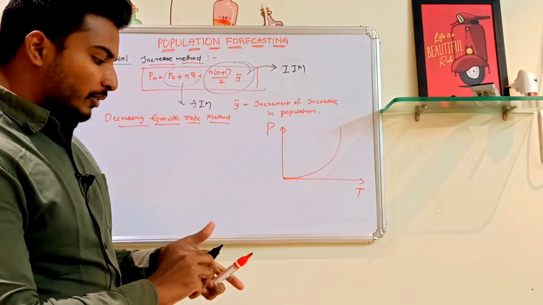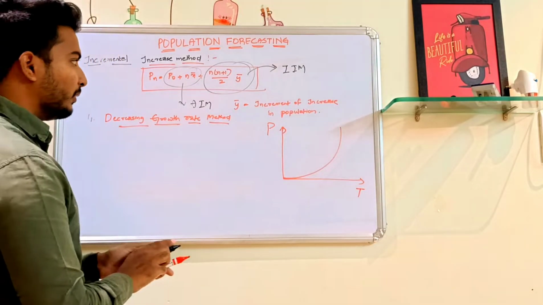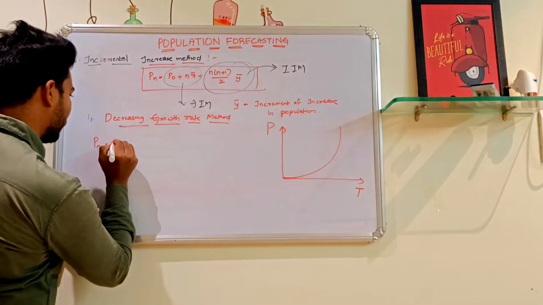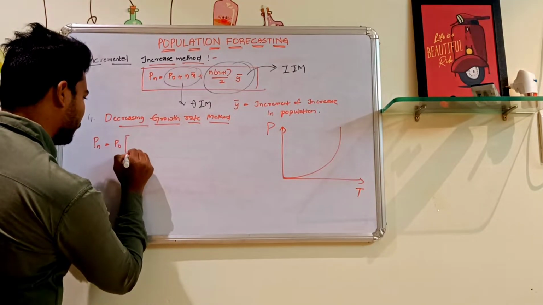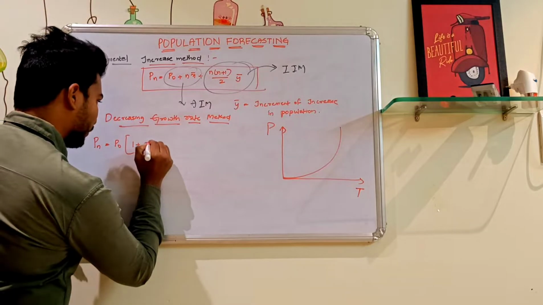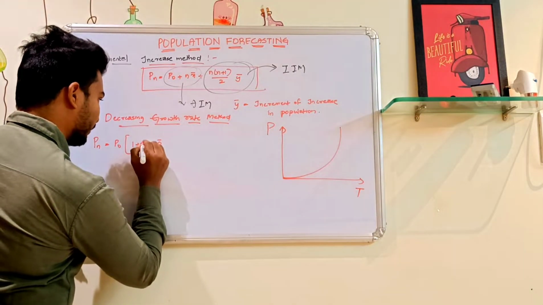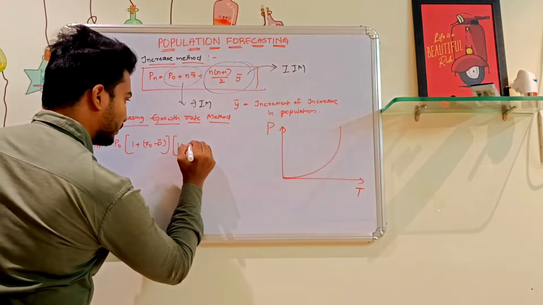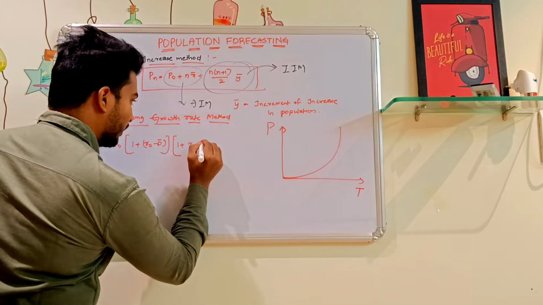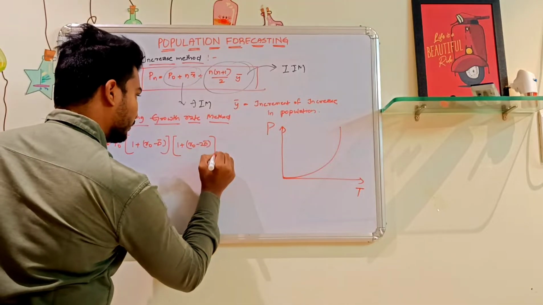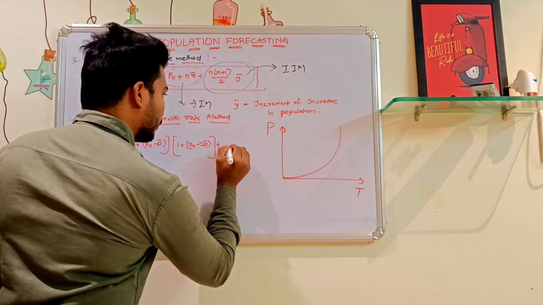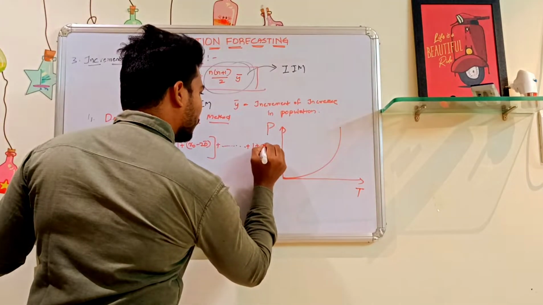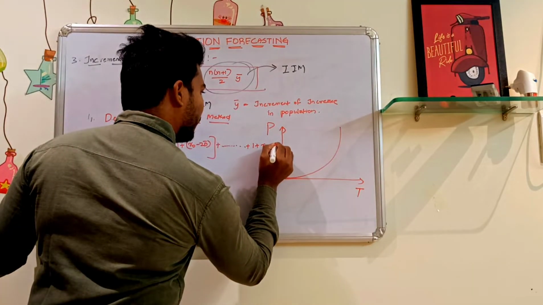The formula is calculated as Pn is equal to P naught times 1 plus R naught minus D bar, times 1 plus R naught minus 2 D bar, and so on, times 1 plus R naught minus N D bar.